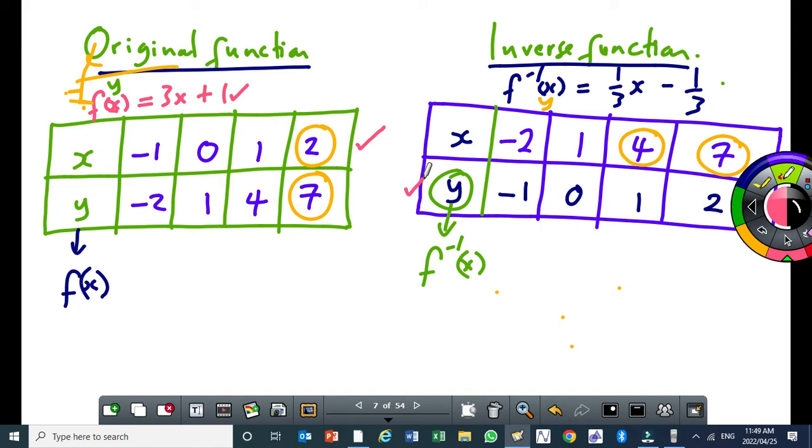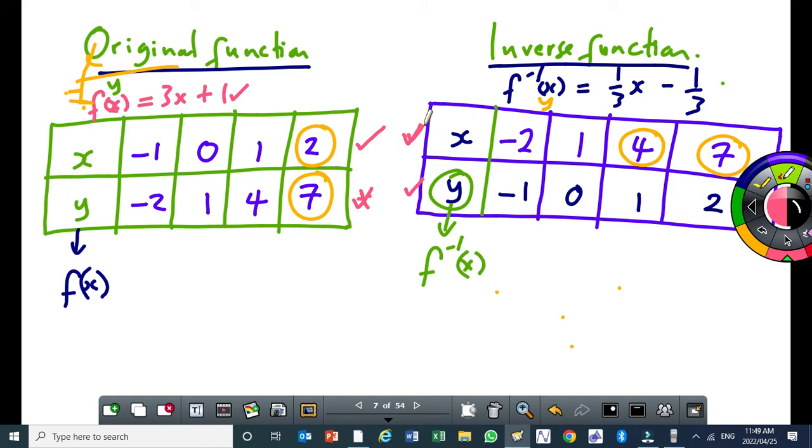Are you following? Then the y values become the x values. So these y values become the x values. So if you substitute these values into the equation of the inverse, you get those x values.